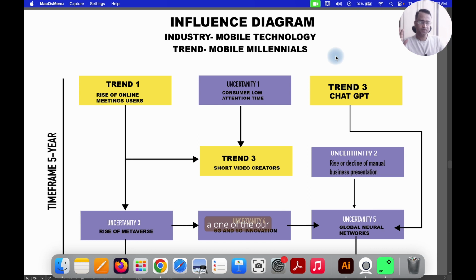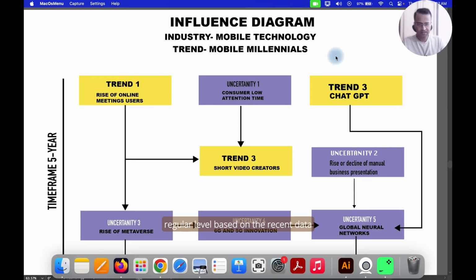This is one of our influence diagrams for the industry mobile technology, the growth of mobile users, and this particular trend we call the mobile millennials. Mobile has transformed our life. People are connected to mobile at a very regular level.